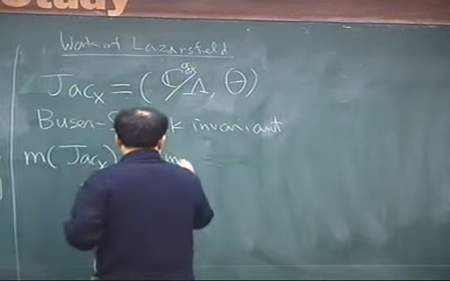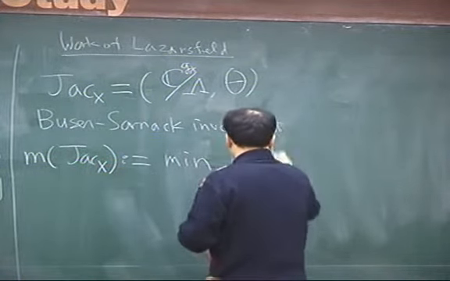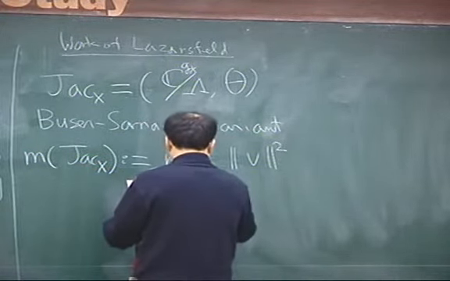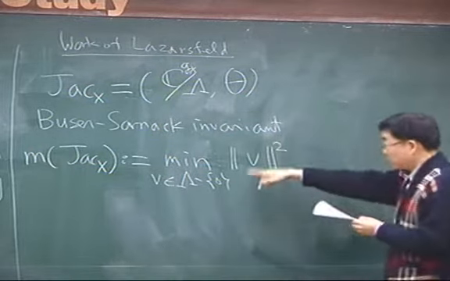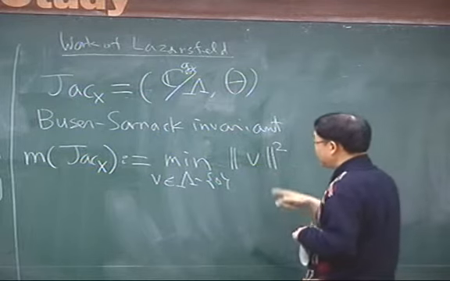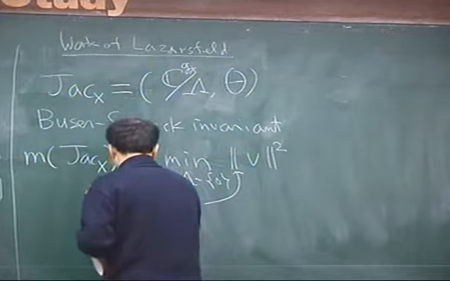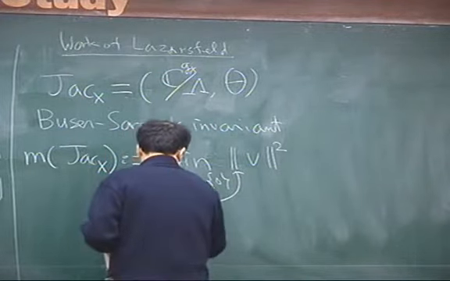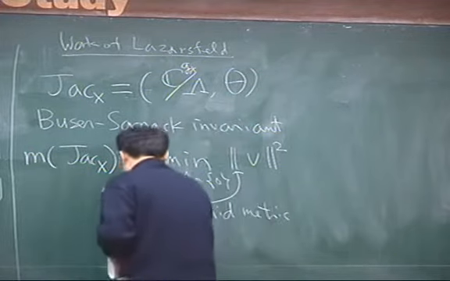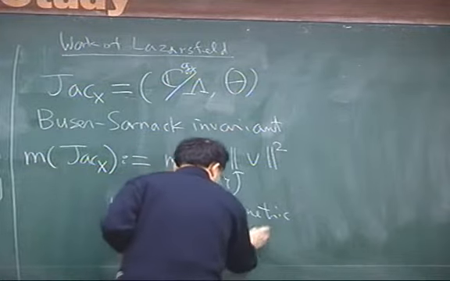And the definition is very similar to injectivity radius. So you look at the length of the lattice vectors and the minimum of the length of lattice vectors, where this length is with respect to the Euclidean metric determined by the second value.